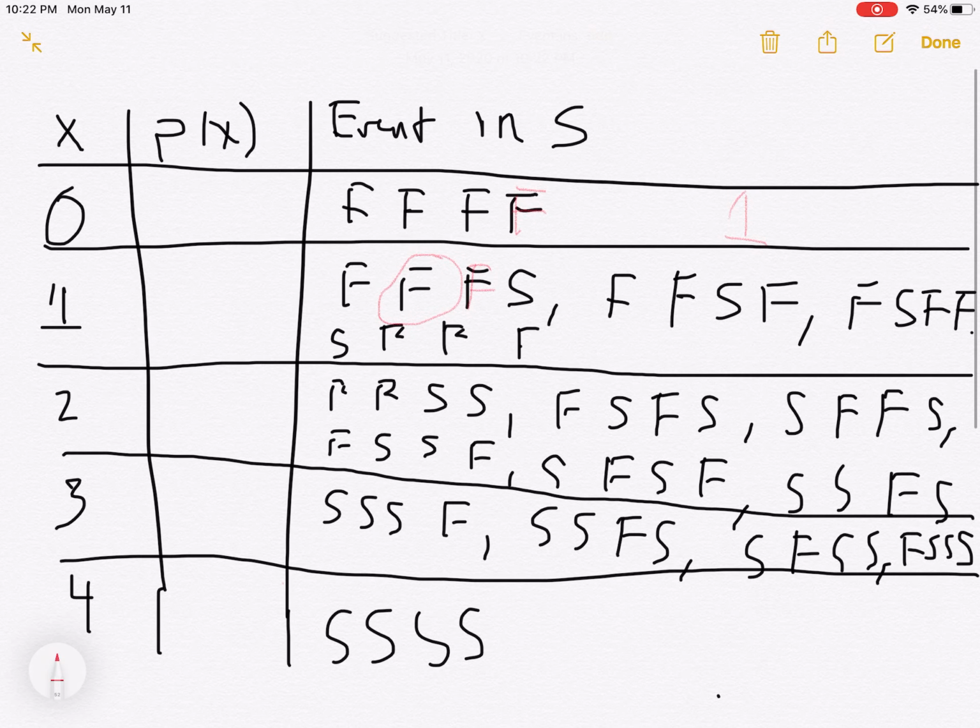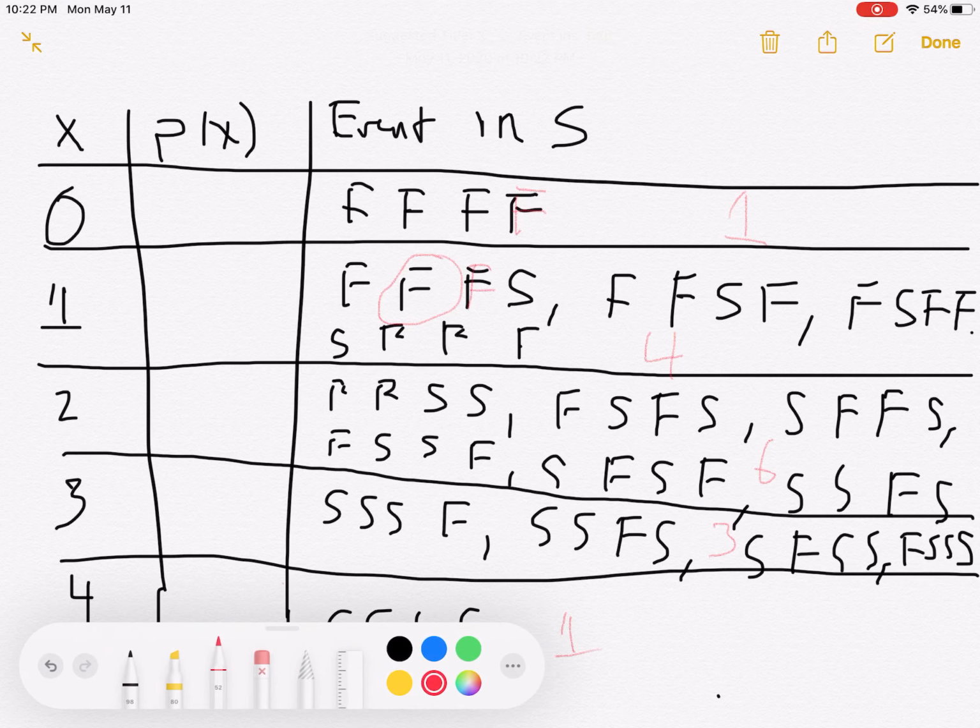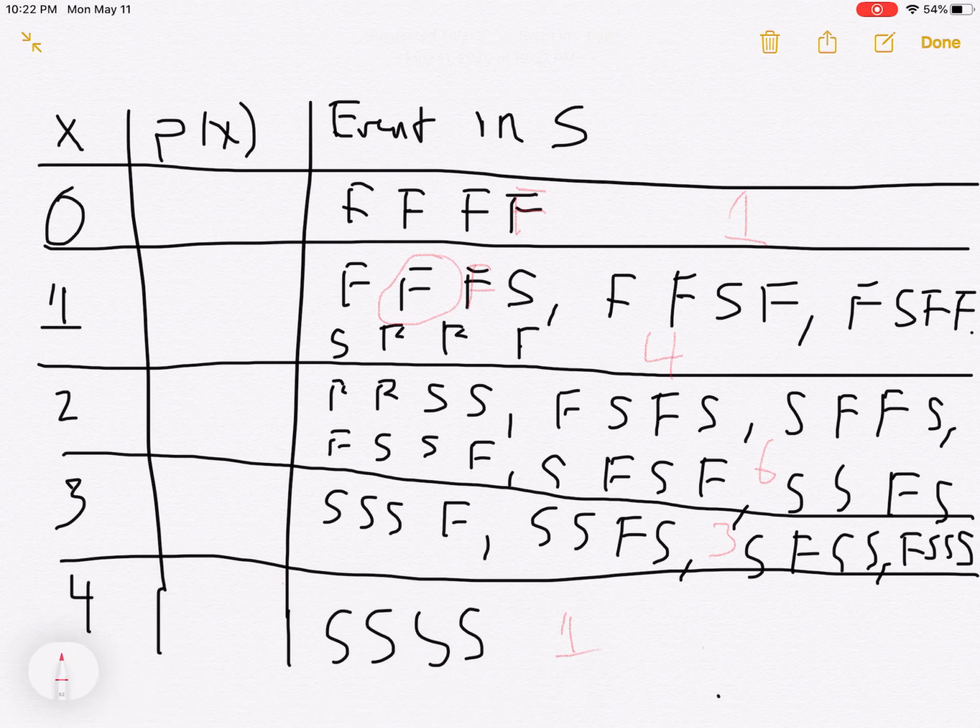So here's going to be 4 of them, here's going to be 6, here's going to be 3, and here's going to be 1. All that I care about when I'm placing these failures is how many of them there are out of 4. Okay? So in general, this 1, I'm placing no successes. This is 4 choose 0.